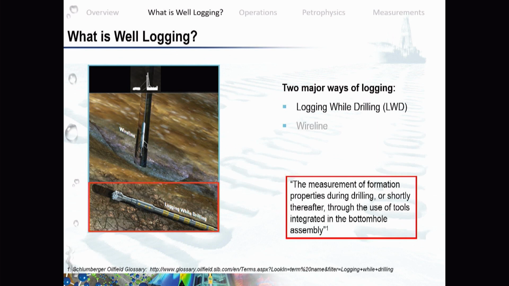So there are two major ways of logging. The first is logging while drilling. As the well is being drilled, at the same time the data is being acquired, called logging while drilling, LWD. It is the measurement of formation properties during drilling or shortly thereafter. The bit is ahead of everything, and the bit drills something and the sensors are above it in the drilling assembly. So the bit just penetrates and then we measure the data.